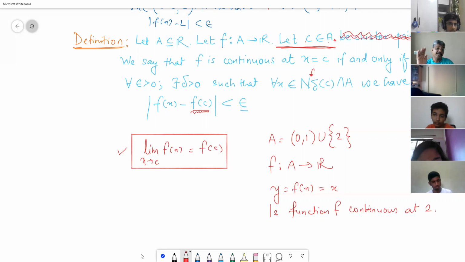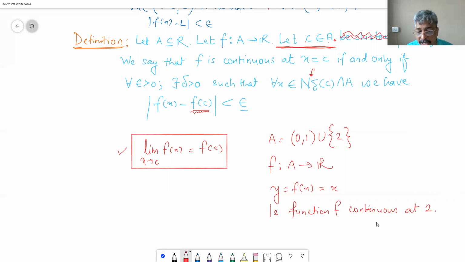When the point is a boundary point, suppose now the function which I have given you just now, can you tell me, is the function continuous at 1? The domain given to you is 0 to 1 union 2.